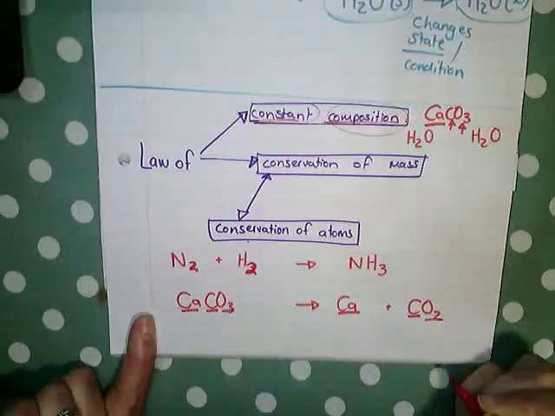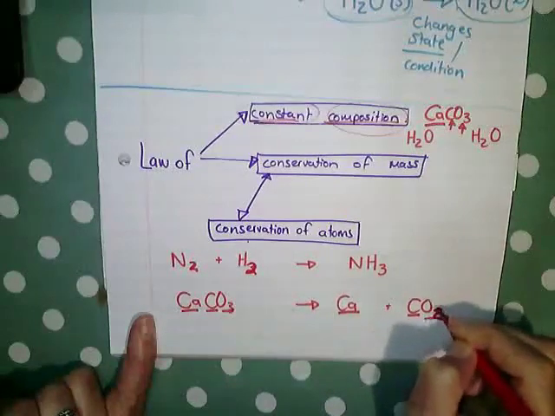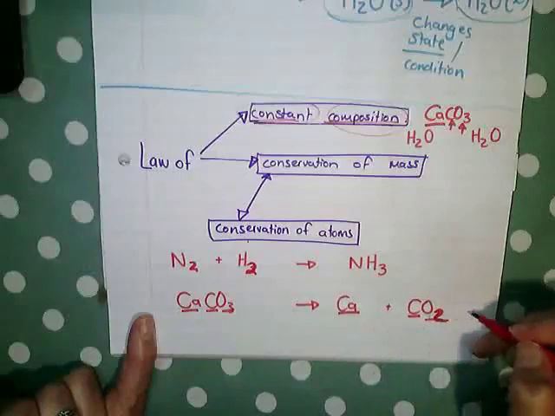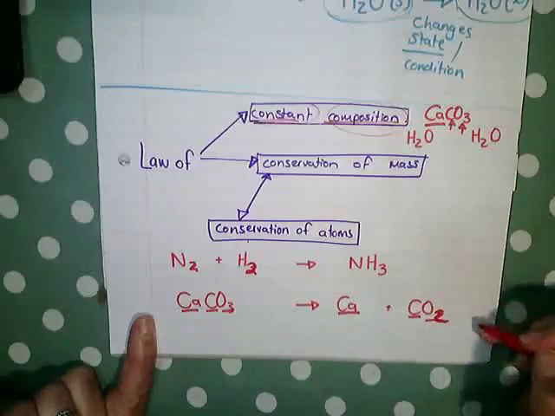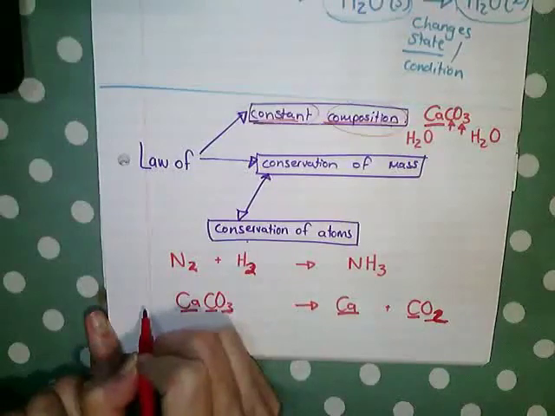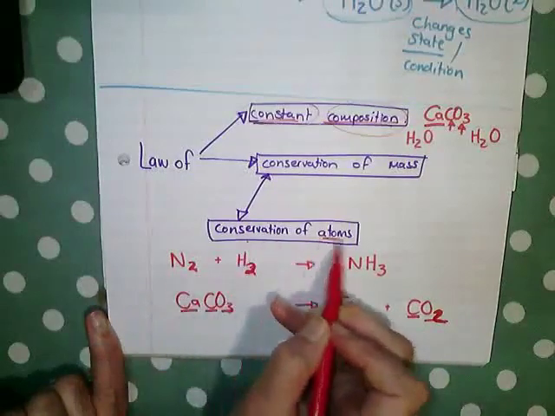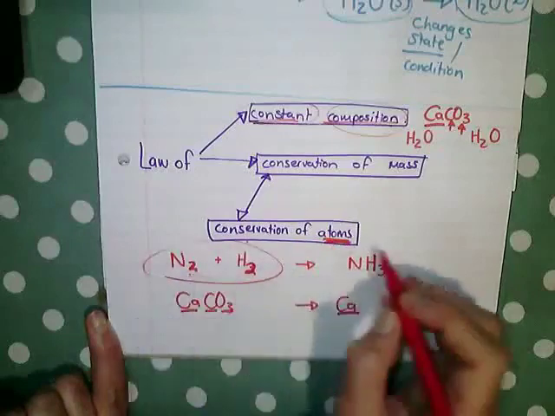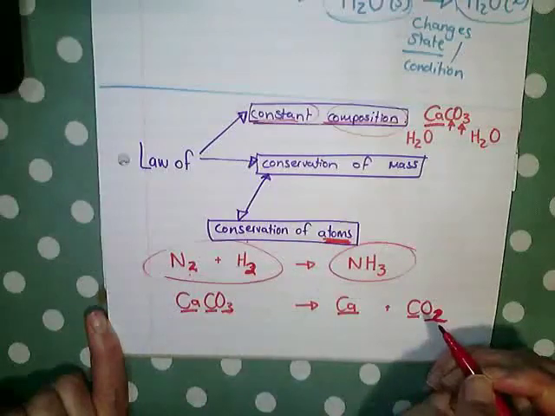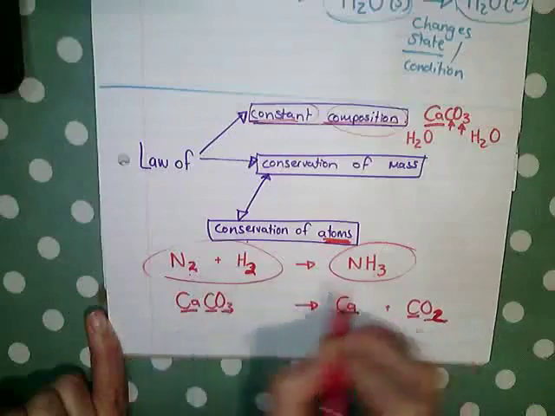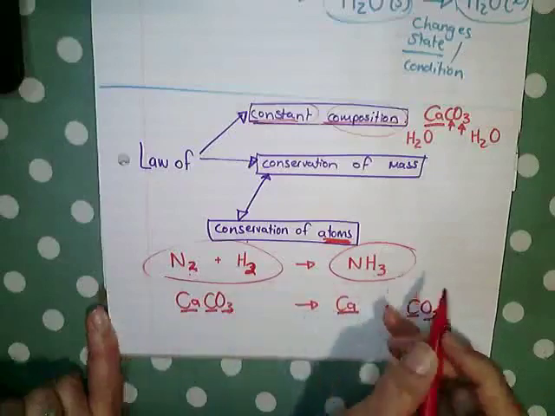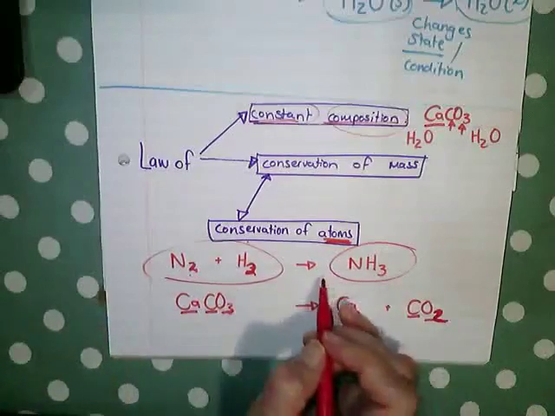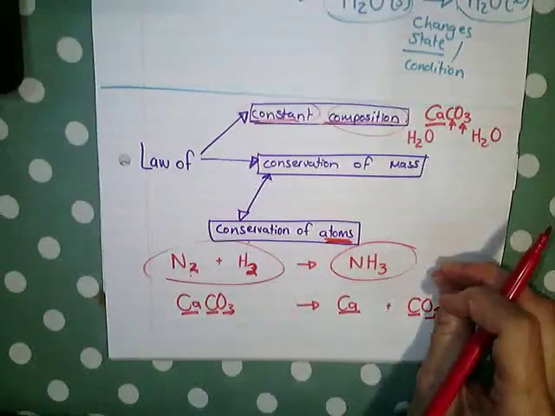So we won't have, let's say, lithium all of a sudden here, if we didn't have lithium here. So conservation of atoms means all of the atoms that we have as reactants, we will also have as products. Nothing will get lost, and nothing will all of a sudden appear. That's the conservation of atoms.